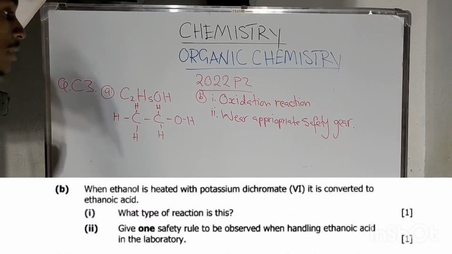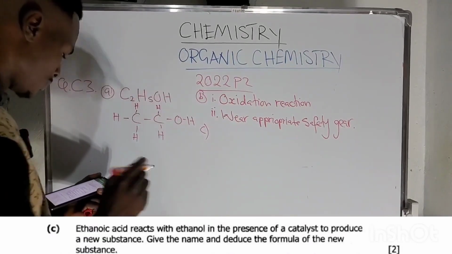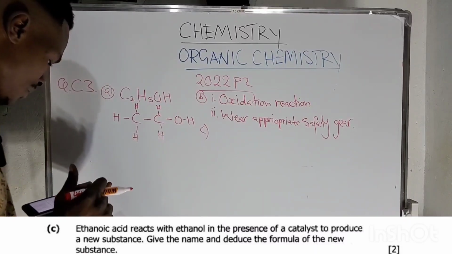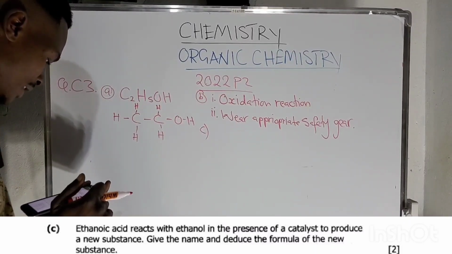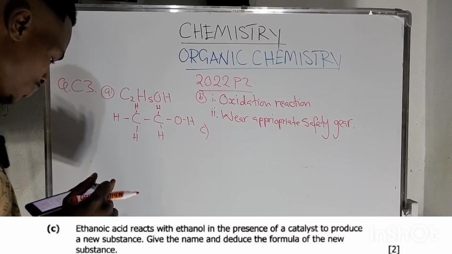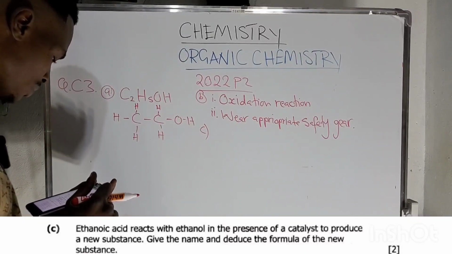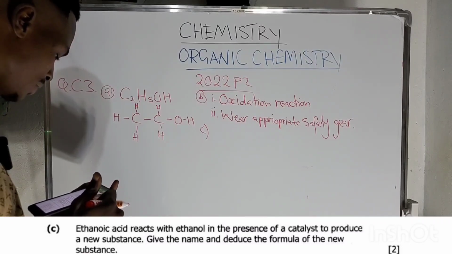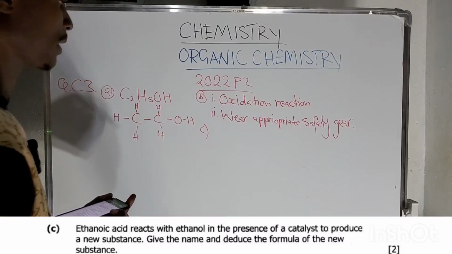Okay, question C. Ethanoic acid reacts with ethanol in the presence of a catalyst to produce a new substance. Give the name and deduce the formula of the new substance.